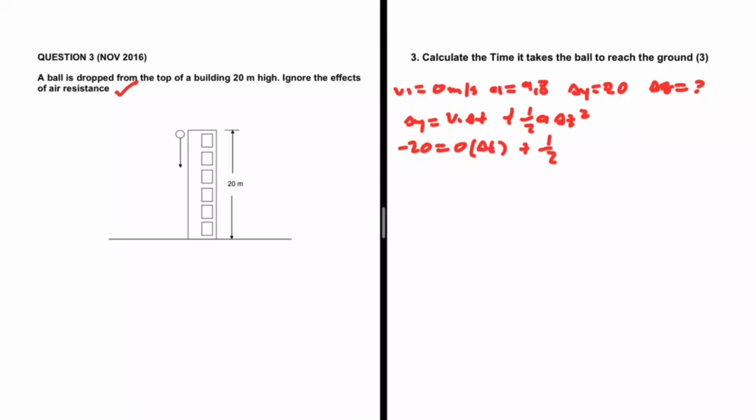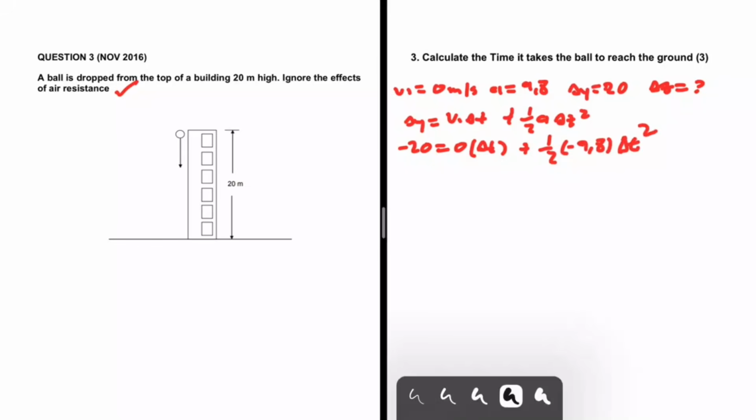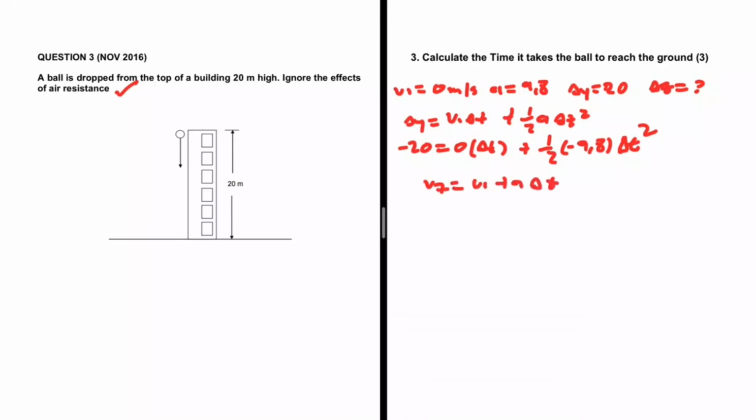Plus half, the acceleration is minus 9.8. Delta t is what we are interested in. Obviously, you can also use the equation Vf is equal to Vi plus a delta t, because we calculated Vf above, but I don't want to use that equation.